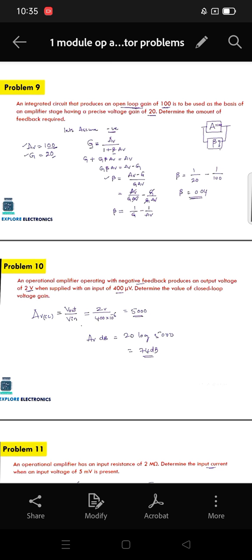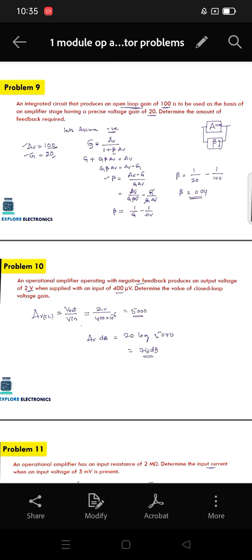Now substitute G equals 20 and AV equals 100. After simplifying, beta equals 0.04. It is the feedback factor value. Then go for the next question.